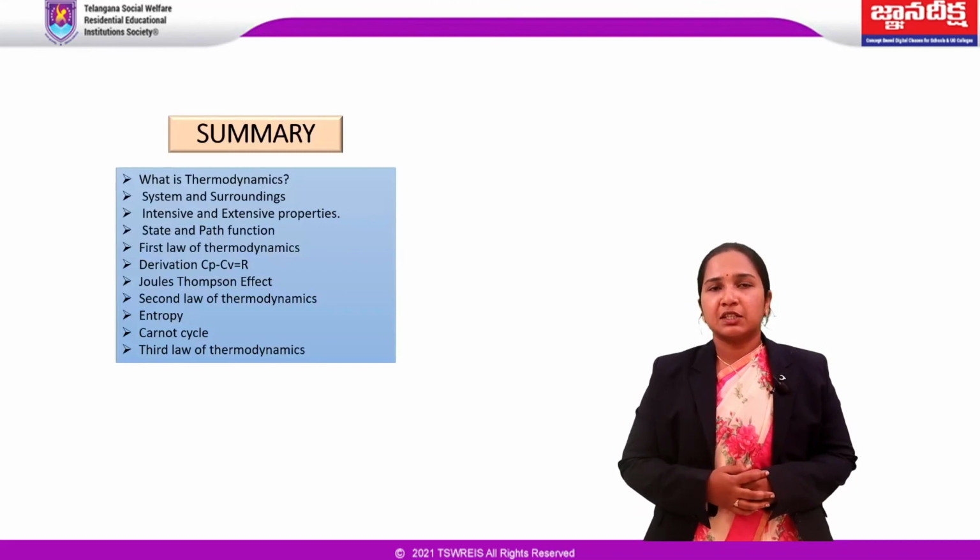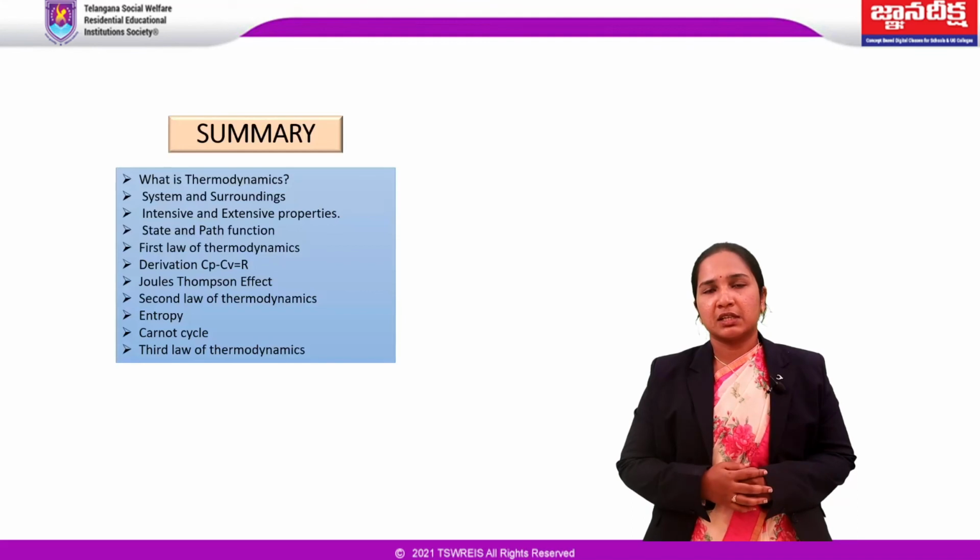Next, we have seen the derivation of Cp minus Cv is equal to R, where Cp is the molar heat capacity at constant pressure, Cv is the molar heat capacity at constant volume, and R is the gas constant. Next, we have seen the Joule-Thomson effect.